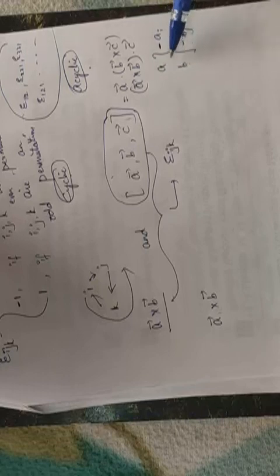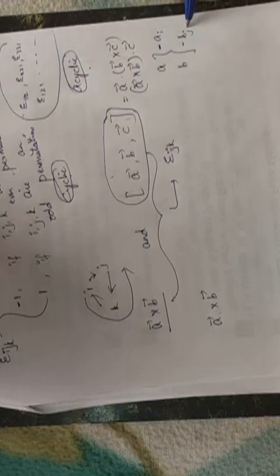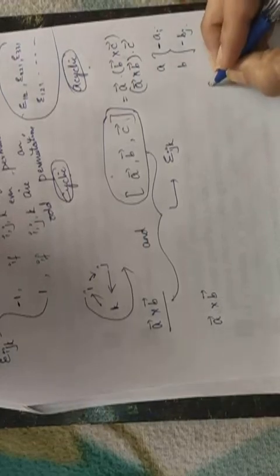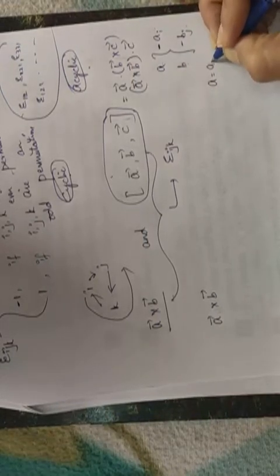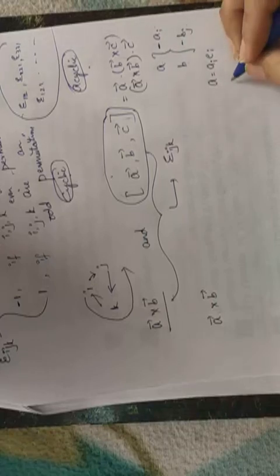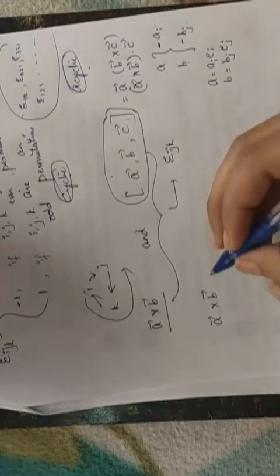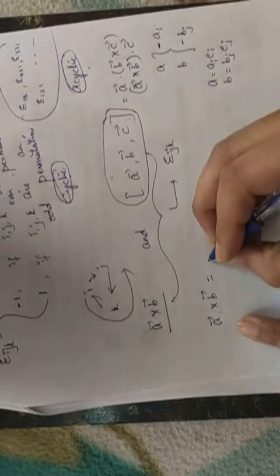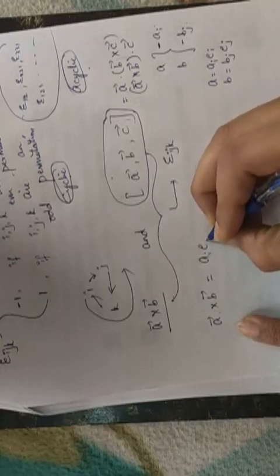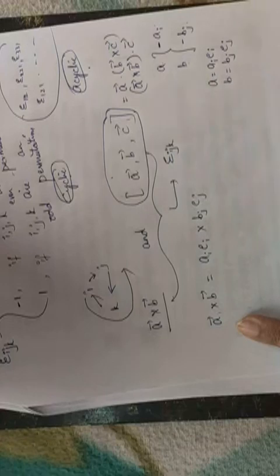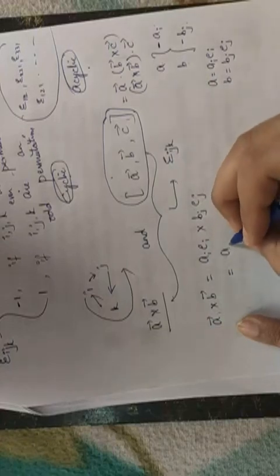Okay, any vectors a and b with components ai and bj, we can express this as a is equal to ai ei and b is equal to bj ej. Okay, so this will become ai ei cross bj ej. So I can write this as ai bj.